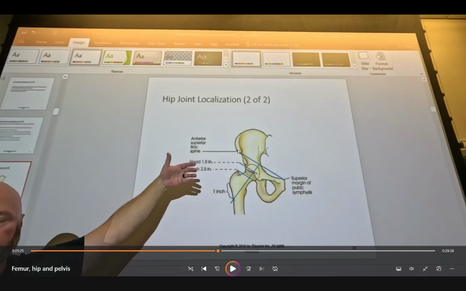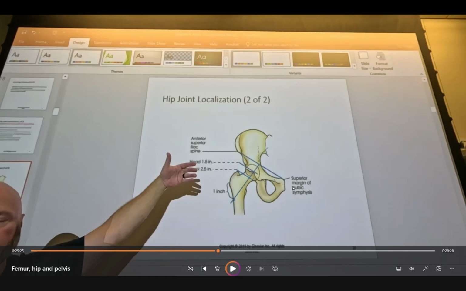So if your exam is for a hip, put the top of your collimated field pretty much at the ASIS, or if you're doing a femur, maybe an inch above the ASIS, and have that longitudinal line of collimation going straight down. You're going to hit the hip or the femur every time.